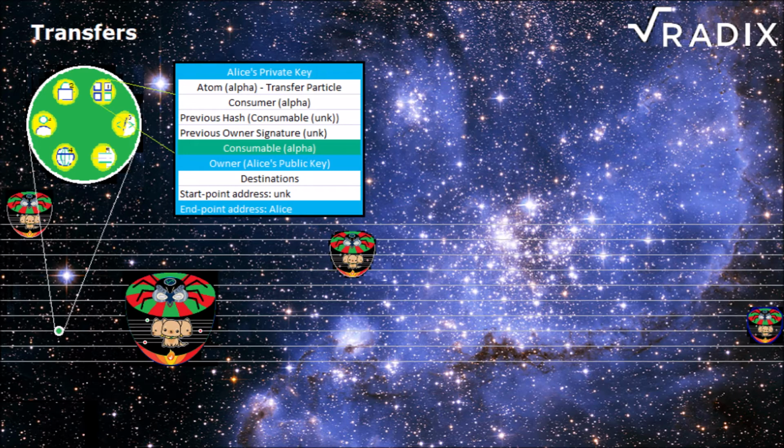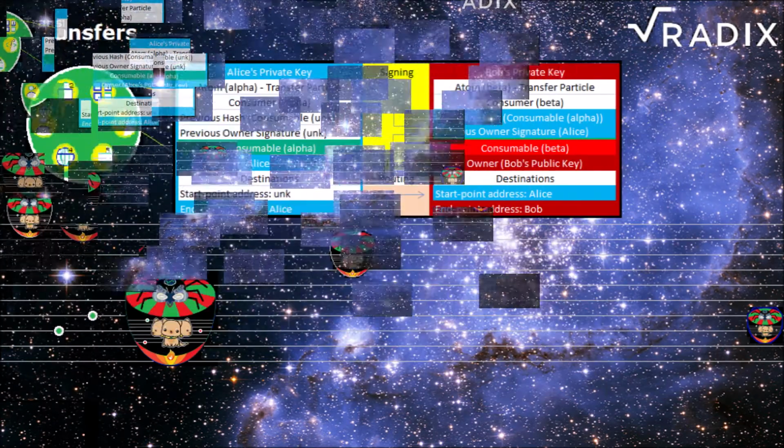The transfer particle is given input state up, consumable, green, and is to be consumed, which will change the state to down, red. Alice also creates a new particle, beta, which contains the item, alpha, being transferred, along with the identity of the new owner, Bob.